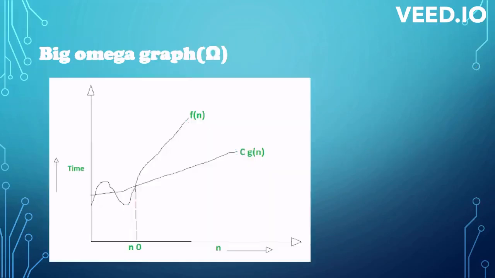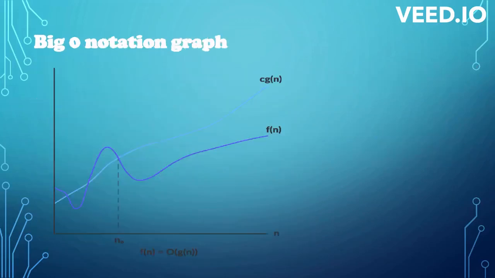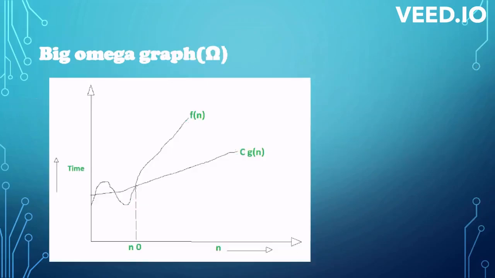Now you can see the graph over here. The region below c g of n is considered the lower bound. So f of n is at the top, that's why it is considered the best case, whereas in the previous one f of n is down, that is considered the worst case.